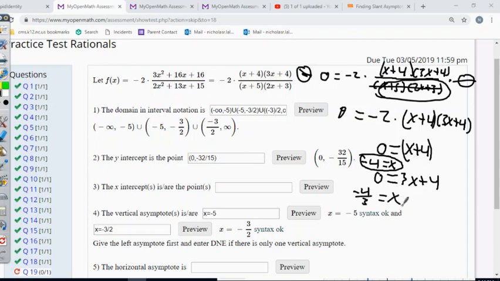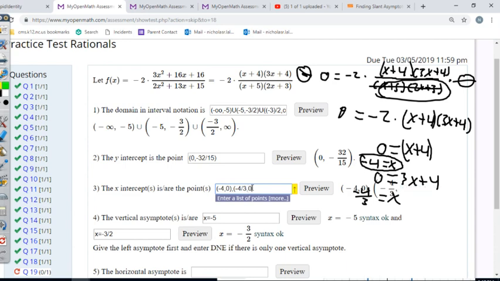So our x-intercepts are the points -4, 0 and -4/3, 0.